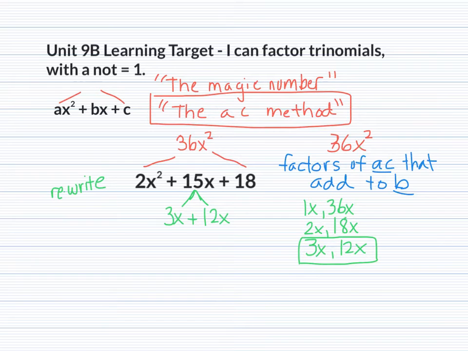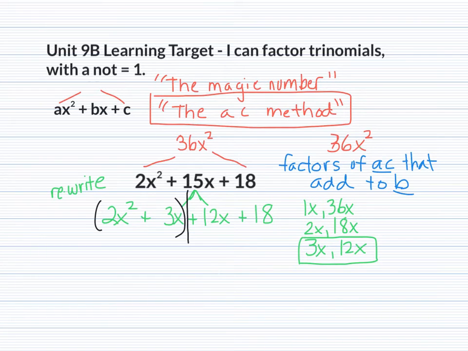So I'm going to rewrite the whole thing now. So 2x squared plus 3x plus 12x plus 18. Okay, at this point, I am breaking this in half. And I look over here and I say, hey, 2x squared plus 3x. What is the GCF?